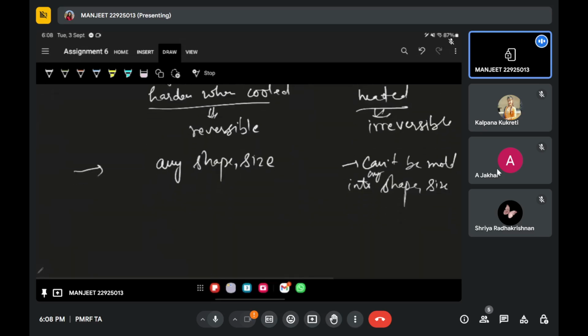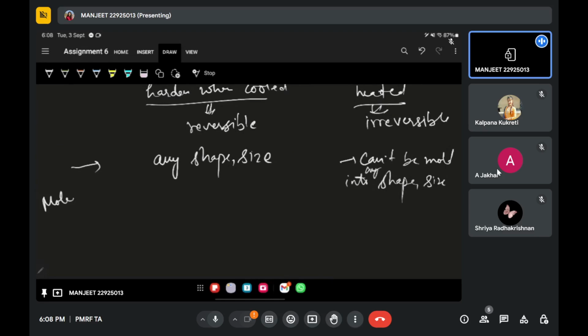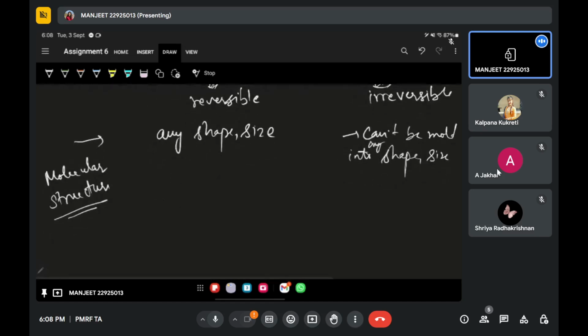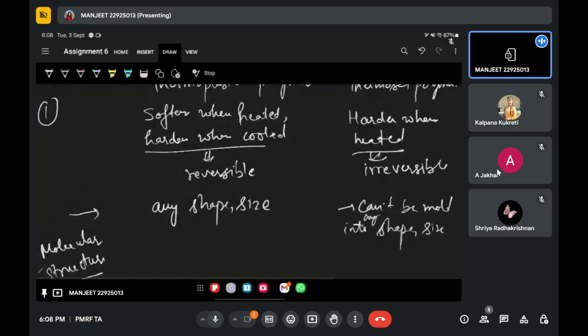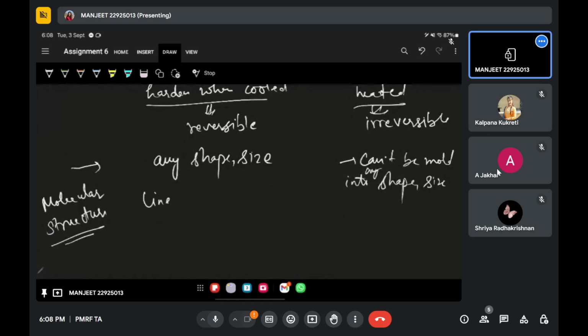If I talk about the molecular structure in both categories, thermoplastics have a linear or branched chain with weak intermolecular forces.